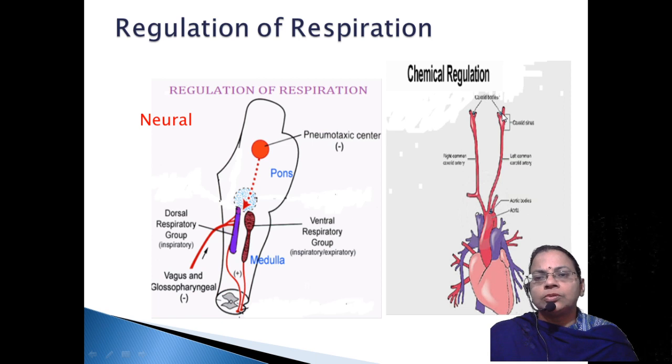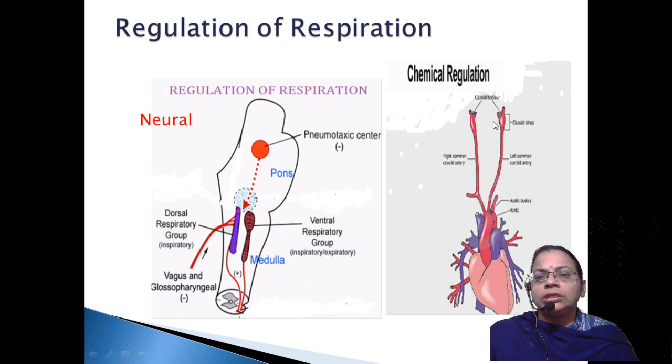These receptors also sense the presence of carbon dioxide and H plus. Whenever it increases, they will send the signal to the chemosensory area, and then the respective modifications will be made with the help of the dorsal respiratory group of neurons and the ventral respiratory group.